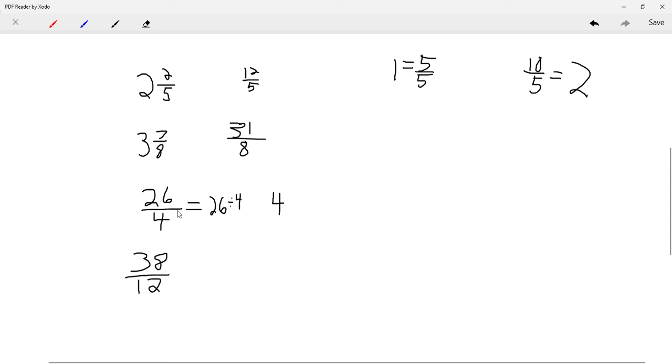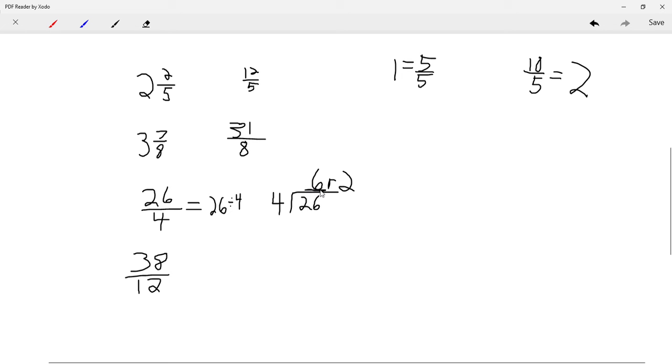Exactly the same. The fraction bar just means division. Okay, so what we can do here is just do 4 into 26. How many times does 4 go into 26? The answer is 6, right? Remainder 2.